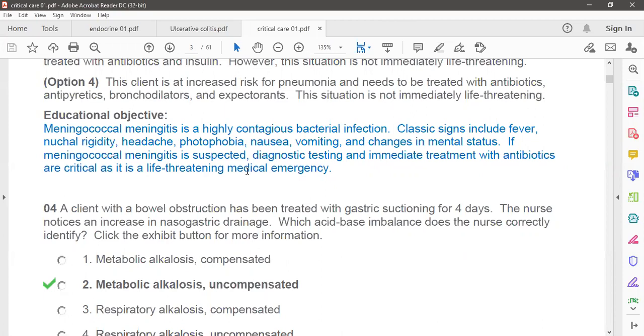Let me recap a little bit. What is meningitis? What are the signs and symptoms of meningitis? What is the treatment of meningitis?